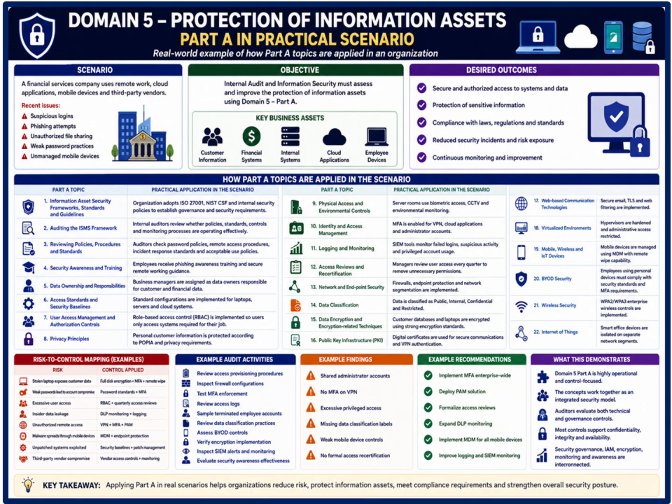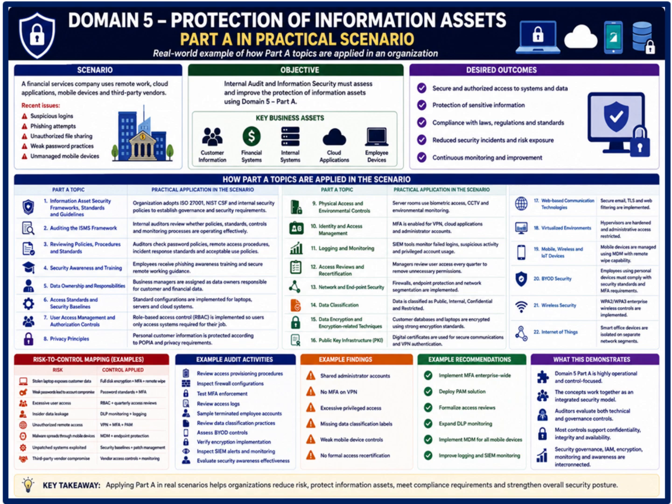Policies and procedures are reviewed to ensure password controls, remote access requirements, incident response procedures, and acceptable use standards are documented and enforced. Security awareness training helps employees recognize phishing attacks, protect credentials, and follow secure remote working practices.